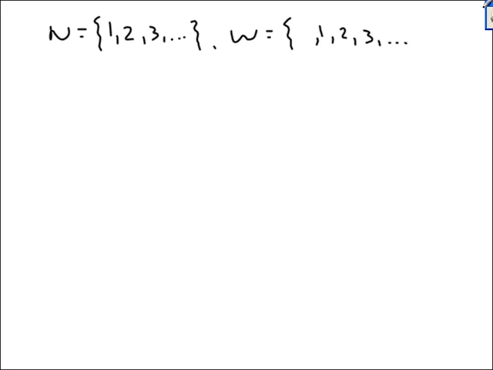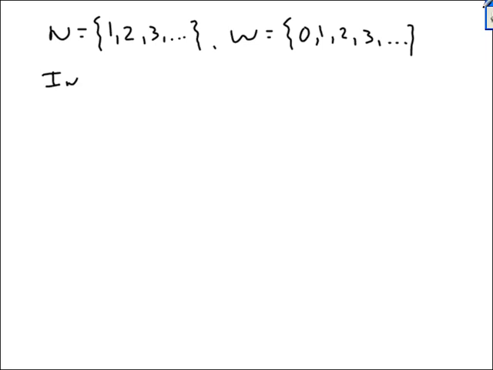Now, the next thing we're going to talk about, I'm going to ask some true-false questions. Remember, the natural numbers are the counting numbers, 1, 2, 3, forever. The whole numbers have all the counting numbers, 1, 2, 3, forever. They also have 0.